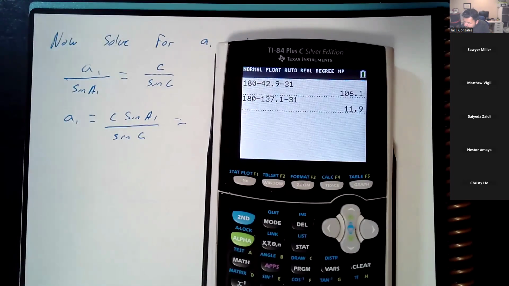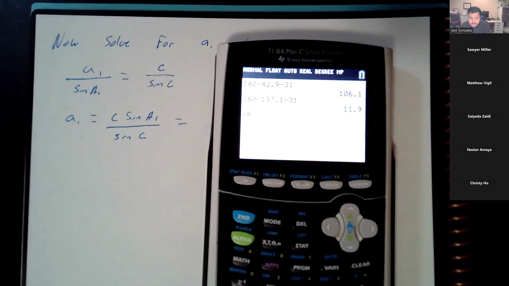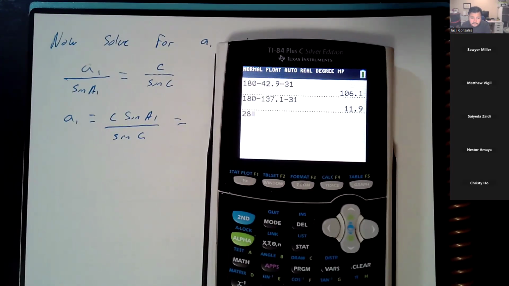I don't remember what C is. Should be 28. So sine 11.8905.